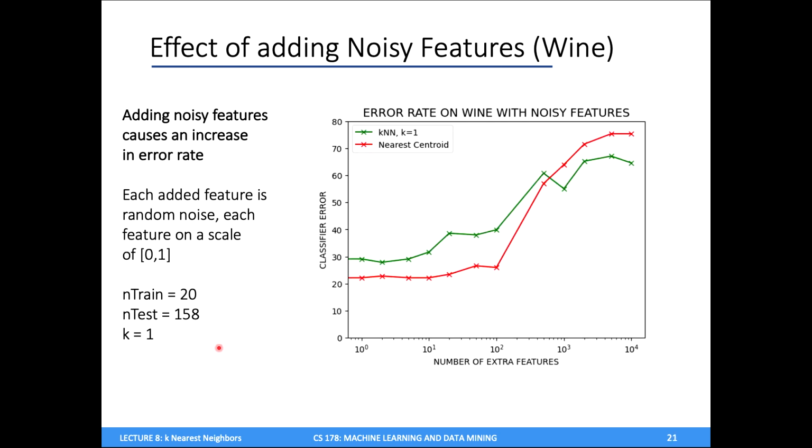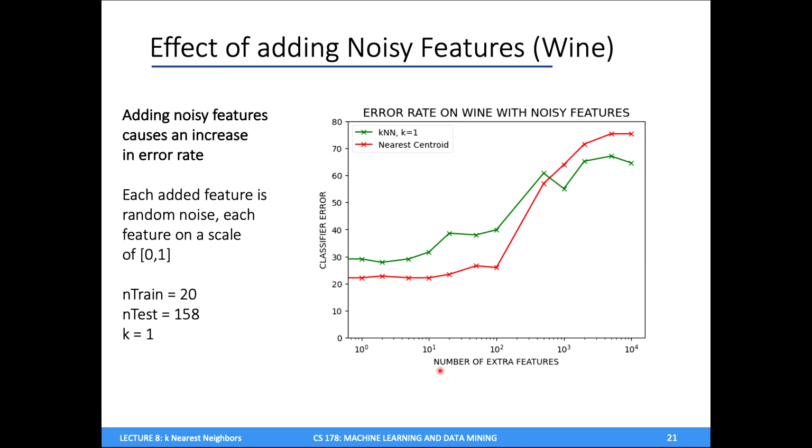So let's just see an actual demonstration of what effect this has. Again, we're looking at this wine data set. What I'm doing is, on the x-axis, I'm adding additional features to this data set that are just pure noise. So I'm adding extra columns to my data set that are just random numbers, basically. You would think that if my classifier is good, it should be able to just ignore these random numbers and use the good information in my data set.